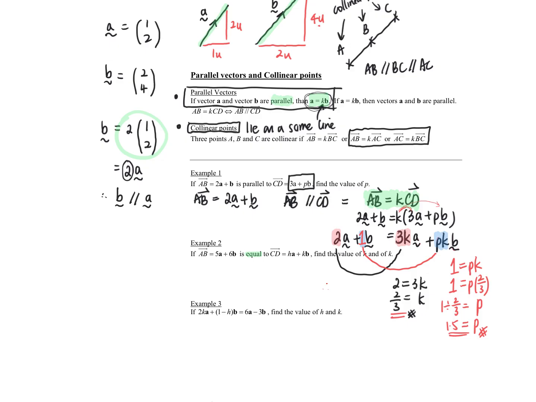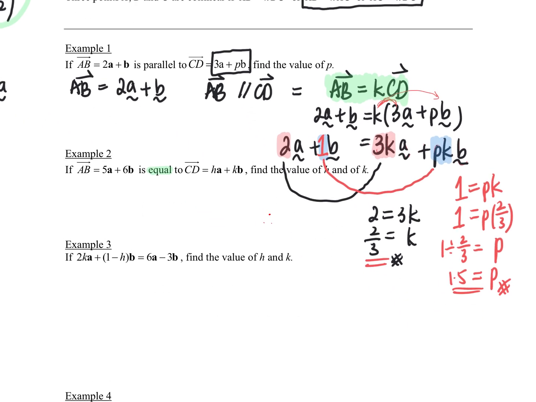Okay, what if they are equal? When they are equal, it's very easy. You can compare them directly. So AB is equal to CD, means 5A plus 6B must be equal to HA plus KB. That means I don't even need to multiply by a multiple. I can compare them already.